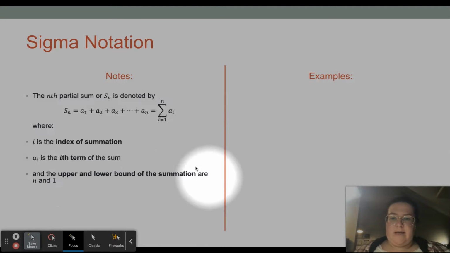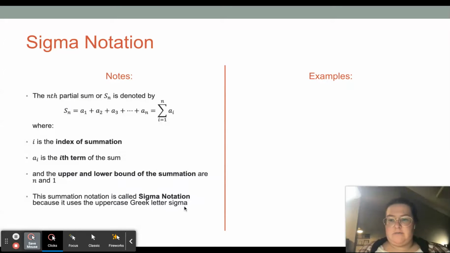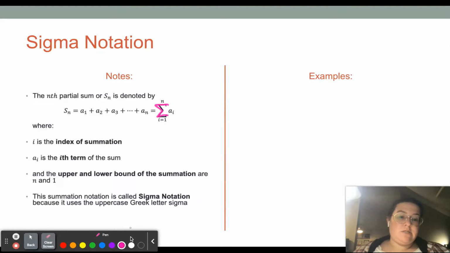The upper and lower bounds are 1 and n. The summation notation is called sigma notation because it uses the uppercase Greek letter sigma. So this here is a sigma. Okay, so it's just a notation.